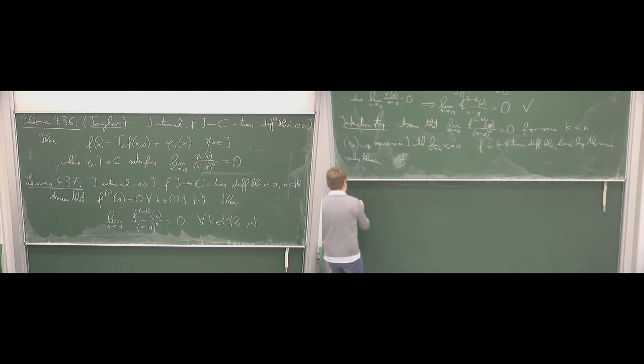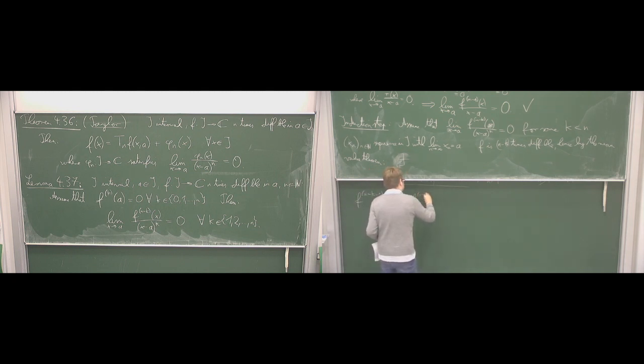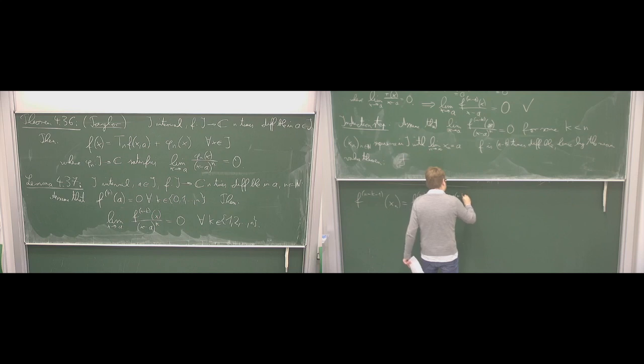So we get f^(n-k-1), this is the thing we need to study, of x_n. Since the derivative is vanishing at a, this is the same as f^(n-k-1)(x_n) minus f^(n-k-1)(a).